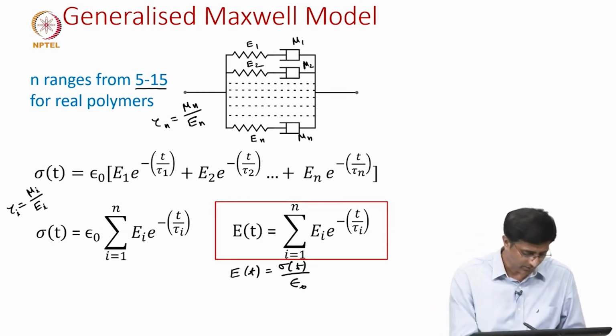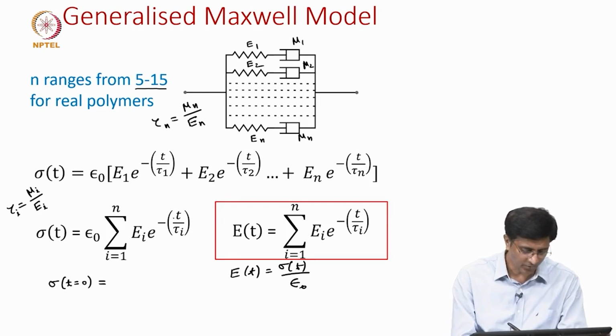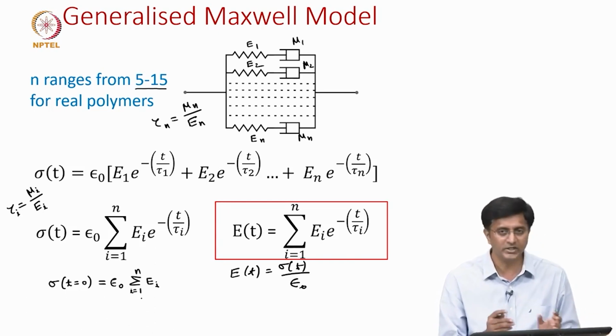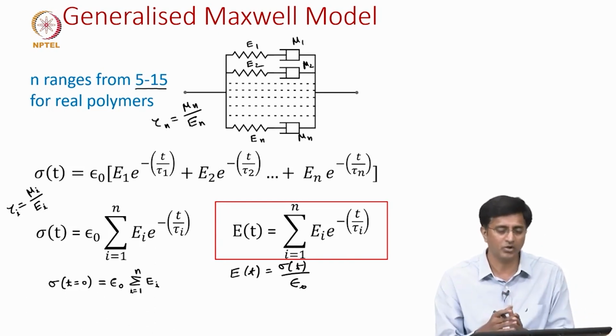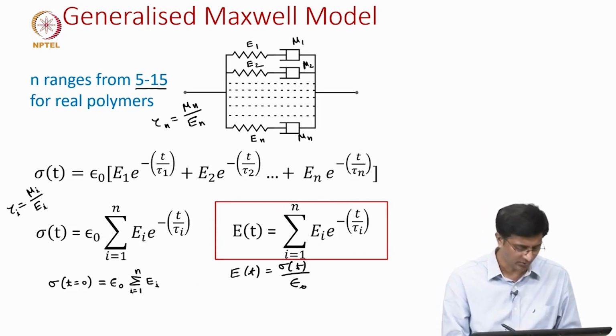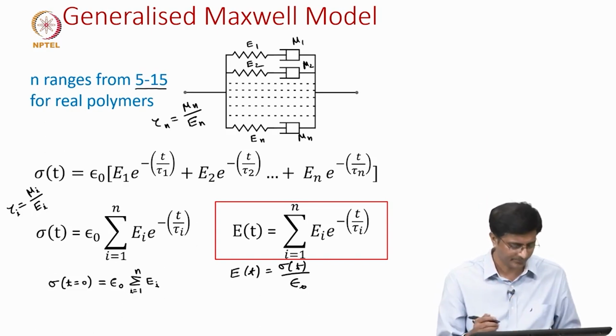Let us see what happens at time t equals 0. e power 0 is 1, which means this will be simply epsilon naught times the summation of i equal to 1 to n of Ei, or in other words, the sum of all the spring moduli E1 plus E2 and so on up to En, times the strain applied epsilon naught. This is all the instantaneous stress we get because of the relaxation load applied.